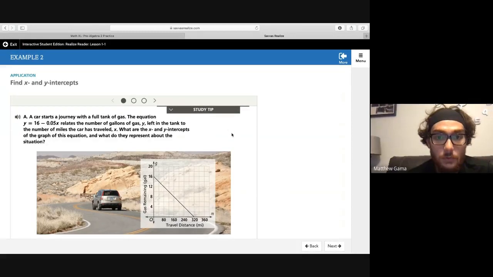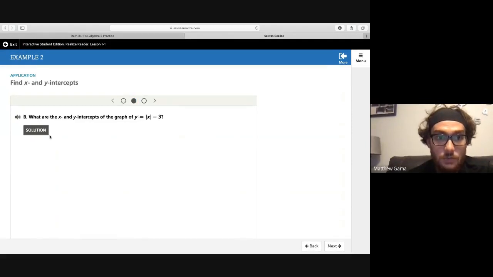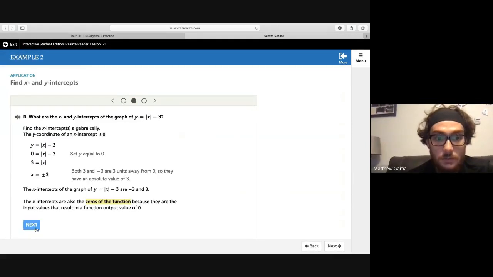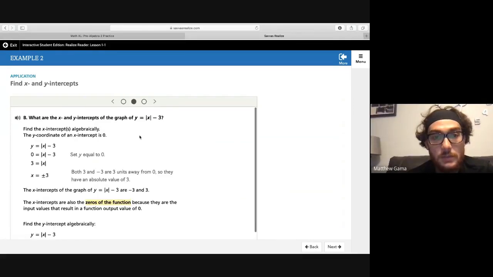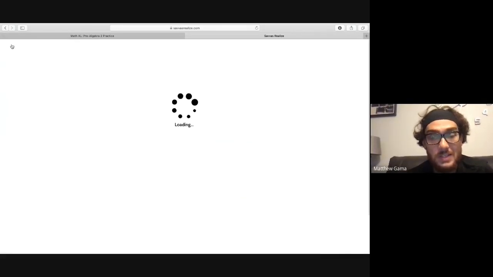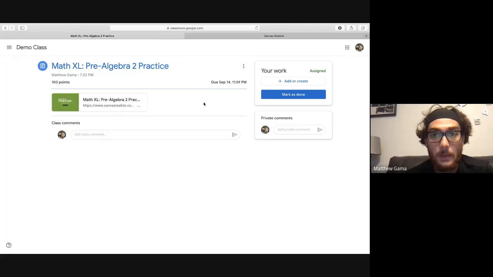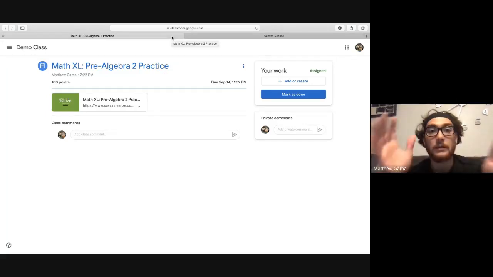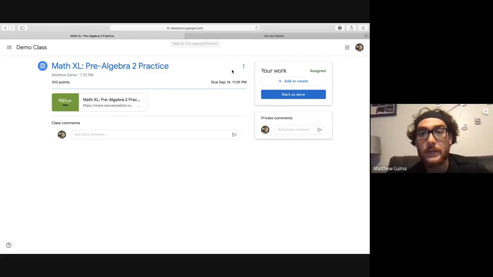You can go through each step of these examples. You can try them. It gives you the solution. But a lot of this stuff is pretty similar to our notes, so it's just extra help for your notes. But again, you're going to have the trial for this week using this, and then we'll get into the groove of things and start notes once you get the hang of this MathXL.